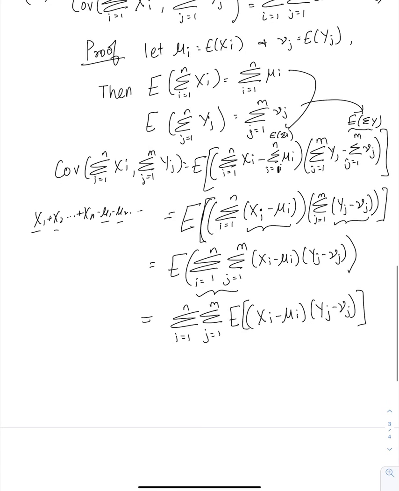And you have this. Okay, but what is this? You can see this is exactly the covariance of xi and yj. So you have that the covariance of sum is the sum of covariances.